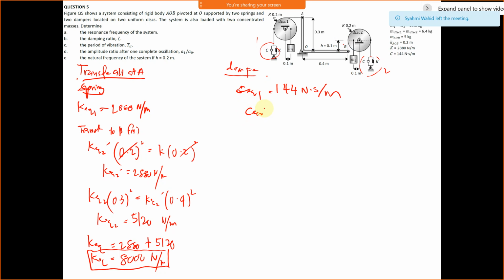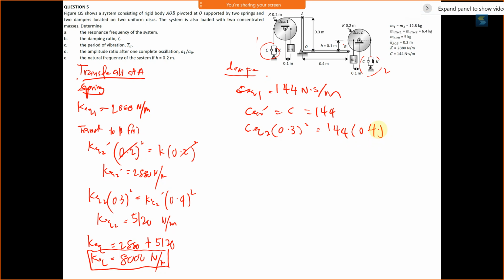C equivalent to prime sama dengan C, which is 144, and then C equivalent to times with 0.3 square equals to 144 times 0.4 square. Then we get C equivalent to must be 400, isn't it?